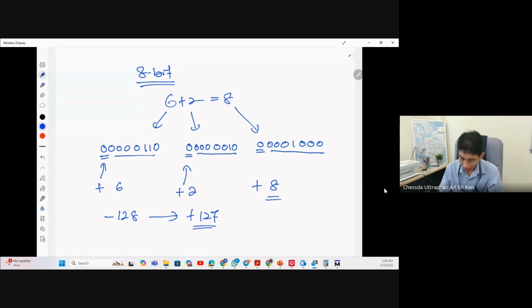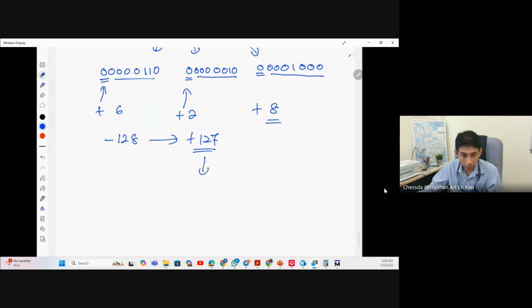Why? Because you see, +127, if you change this to a binary number, it is 0, 1, 1, 1, 1, 1, 1, 1. So if you take 127 plus 1, you have 128.